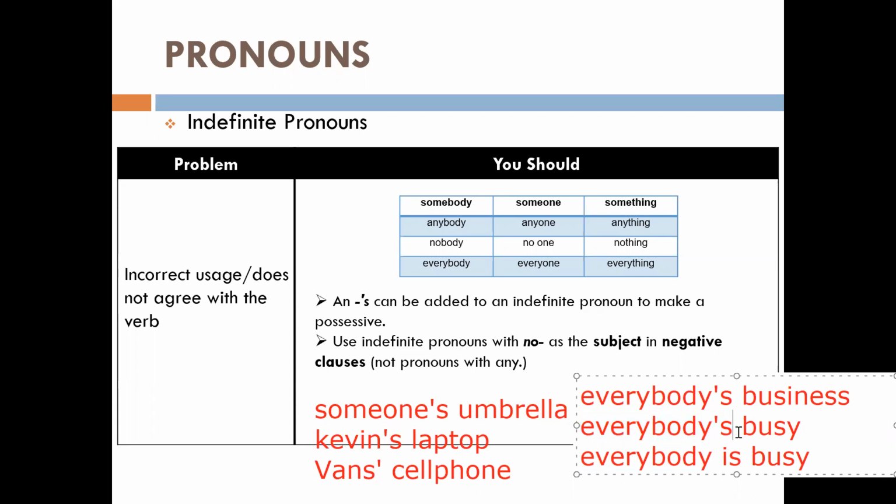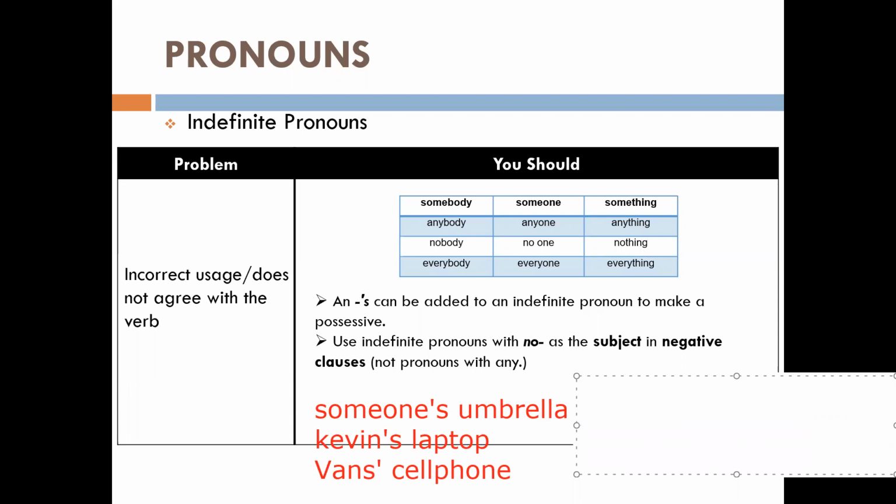Kaya, hindi ka gagamit na to ng everybody is busy na apostrophe S. Gagamitin mo lang si apostrophe S sa isang pagkakataon, at yon ay kapag nag-showcase ka, if you're trying to pertain to the ownership of someone, the property of someone. At hindi ang apostrophe S para sa is na contraction. Gusto ko lang linawin ha. Gusto ko lang siyang i-highlight. Okay. Kasi baka magkalituhan. Marami tayong ipapasok na information ngayon sa atin. So I want you guys to be able to understand this in a very simple manner.